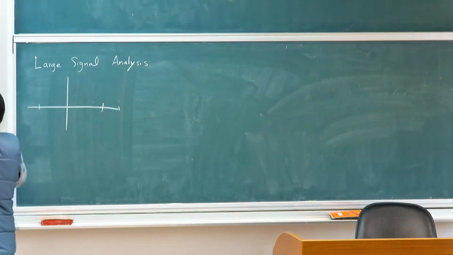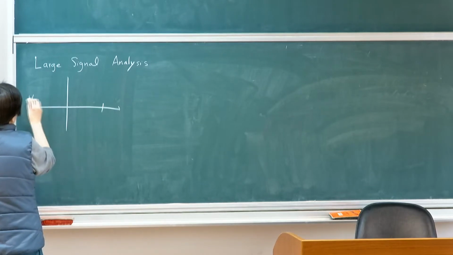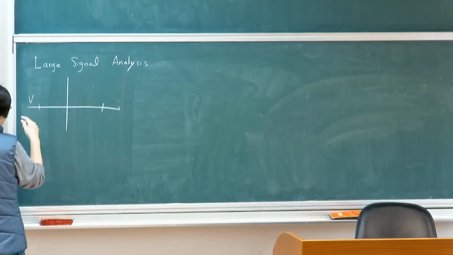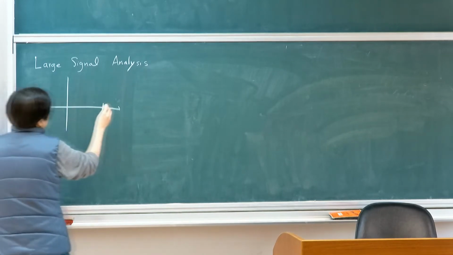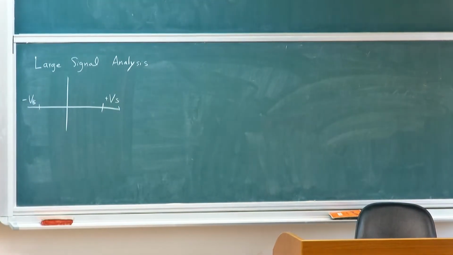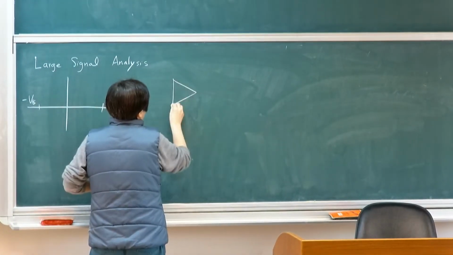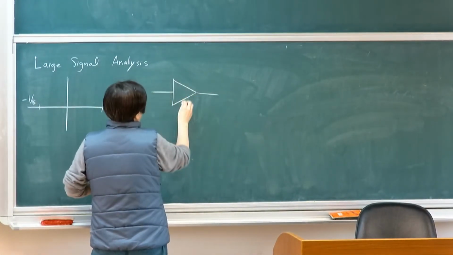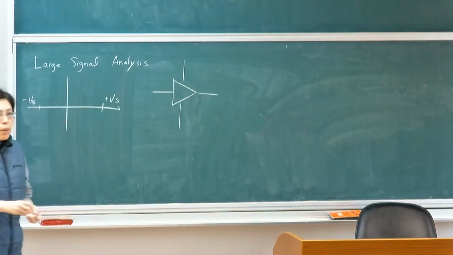If I'm plotting that line, this is V, as I said, from rail to rail, from your boundary. So I have a negative supply voltage and a positive supply voltage. Let's say I have a circuit or amplifier that looks something like this.